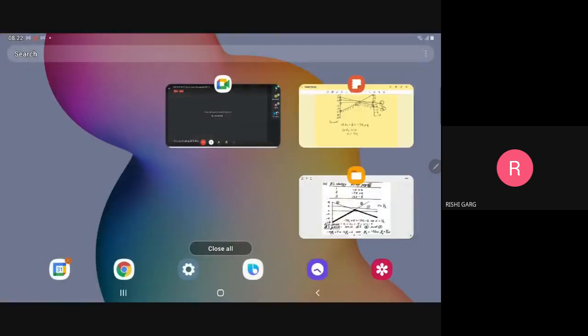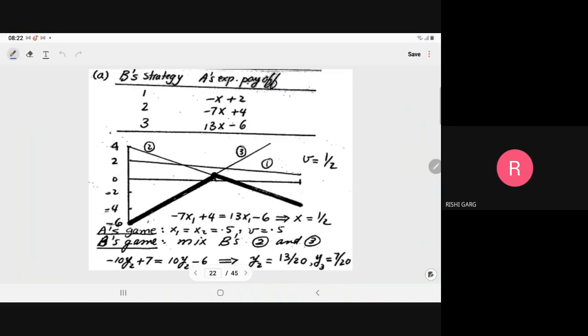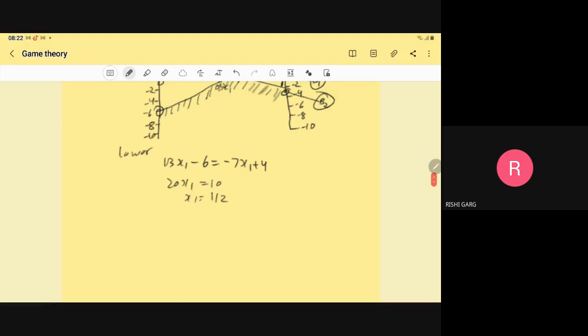Let's check, because I think in my graph, yes, x1 is equal to half. When we have x1 equal to half, x2 automatically will come as a half, since it is 1 minus x1.